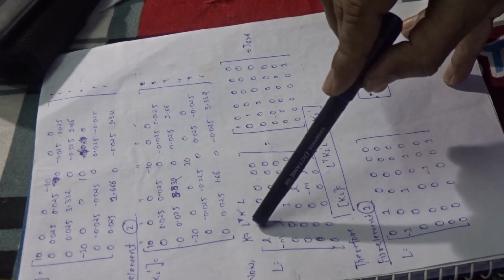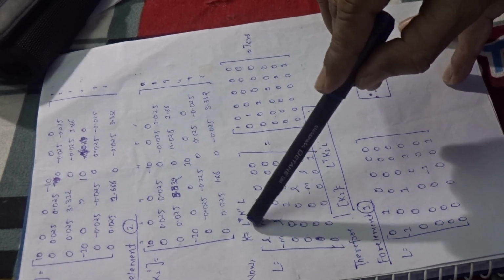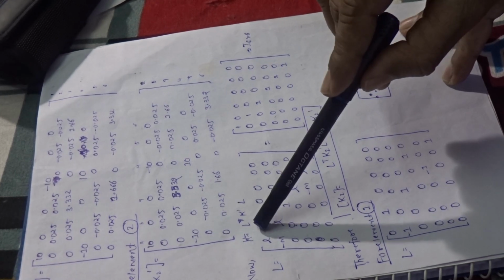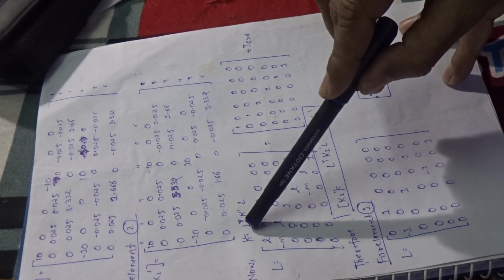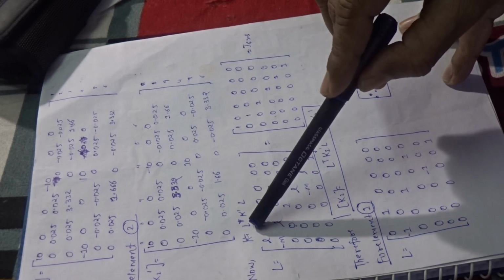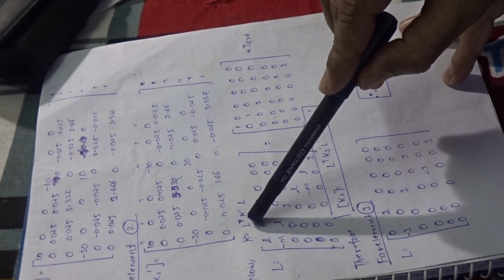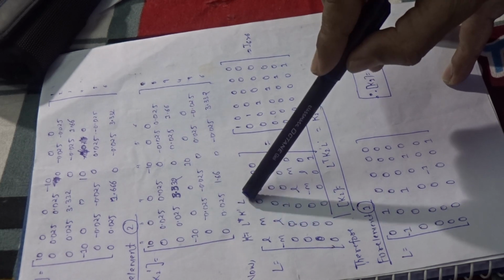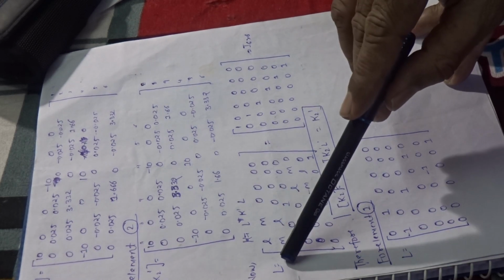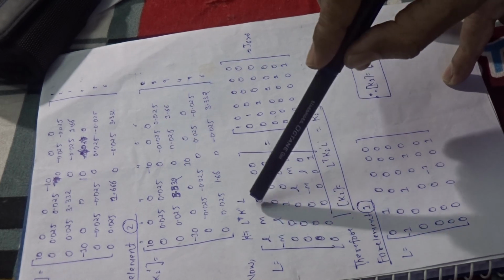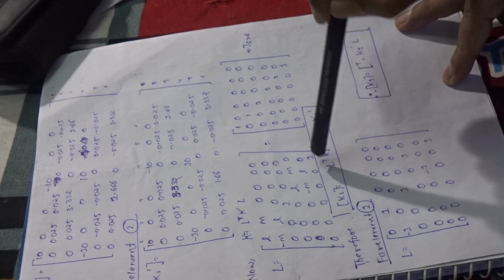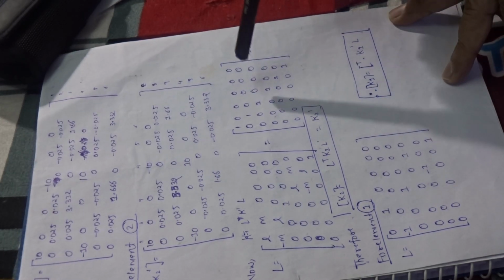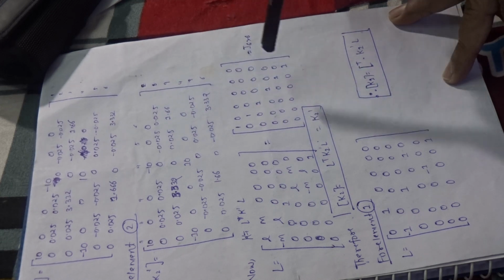In this theory I have mentioned T, but in this problem it is denoted by L. So L is nothing but the transformation matrix: K dash, the local stiffness matrix, into L. I already derived the value of L. So this is the value of L, and when you substitute the values of cos theta and sin theta, you will get this value.